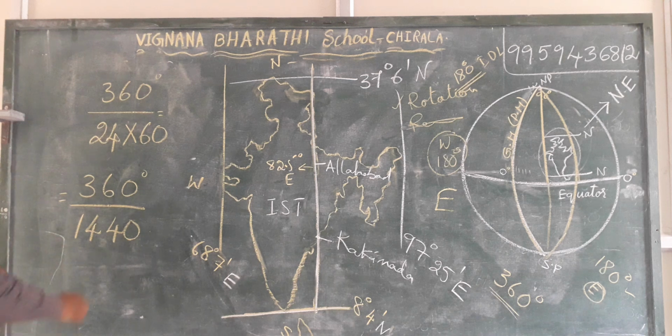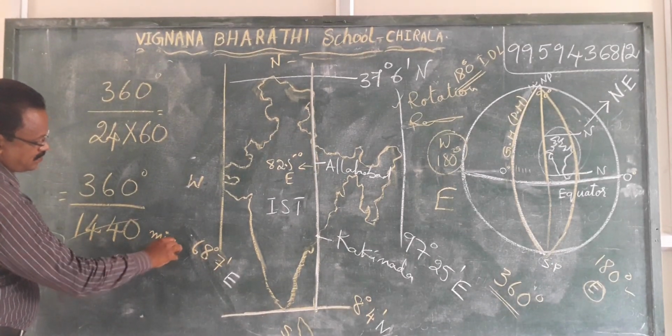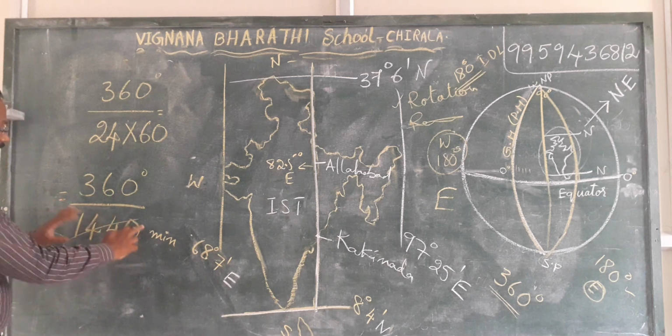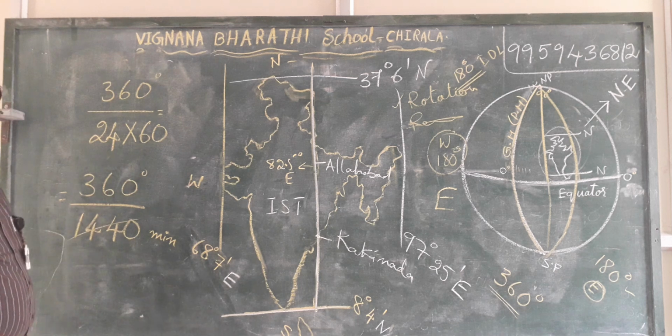360 degrees, 1440 minutes. So now here you can understand, for 360 degrees, 1440 minutes, nothing but 1 day. In 1 day we are crossing 360 longitudes or 360 degrees.